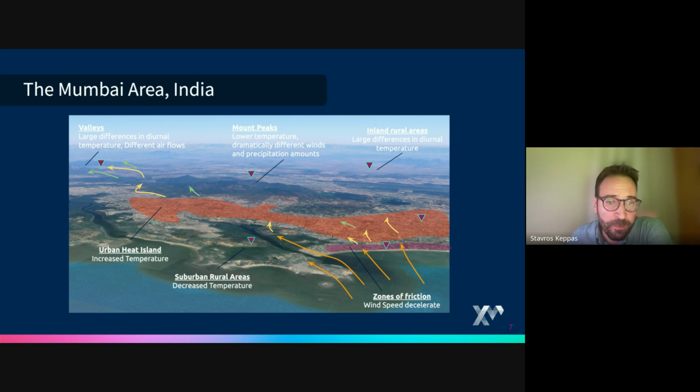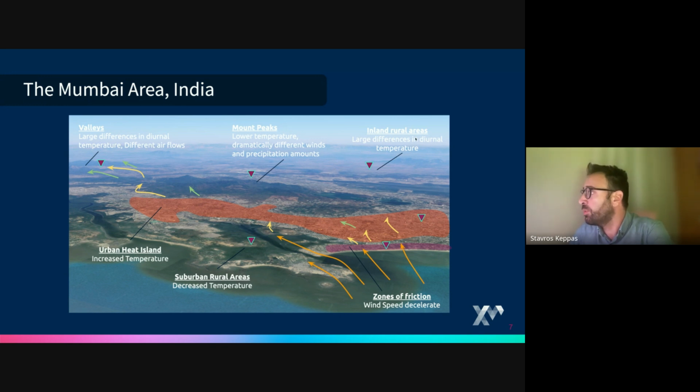And we also need a station at the highest peak of the area, as the temperature there can be much different. Of course, as we said, valleys need extra stations because the flows of the winds are different, and also the temperature can be different, especially during the nights.